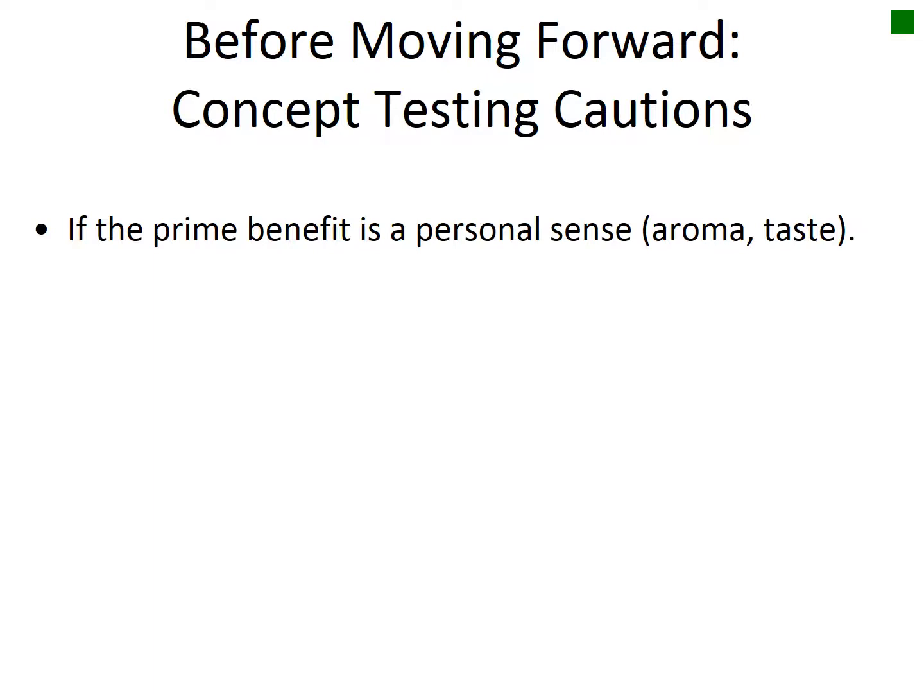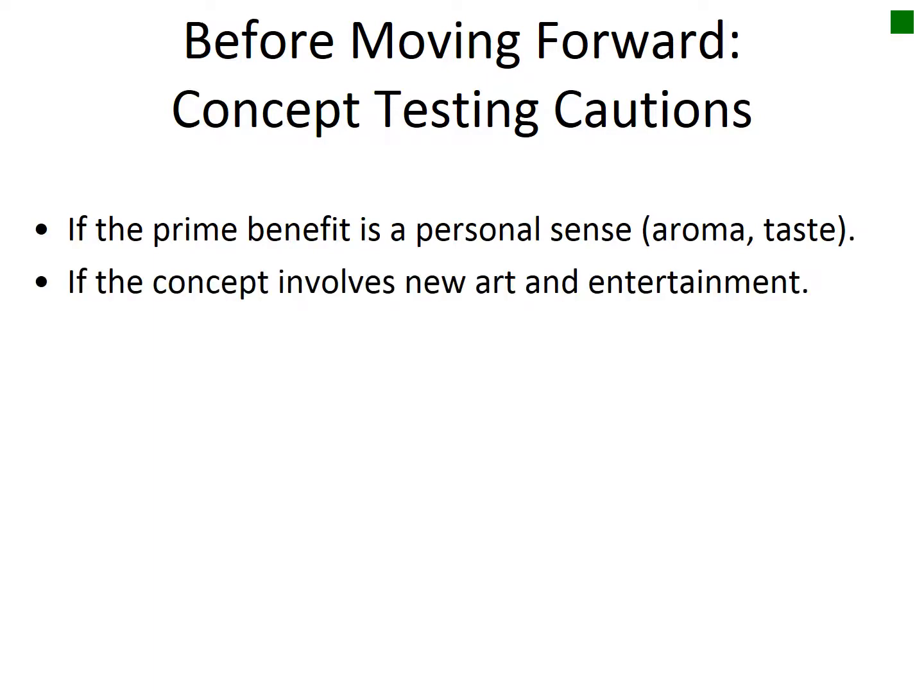So if this is going to be done by a survey or an interview, some type of concept test like that, then products that focus on some type of personal sense, like a taste or an aroma, are difficult to incorporate.